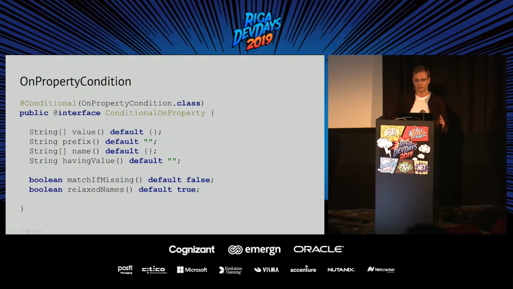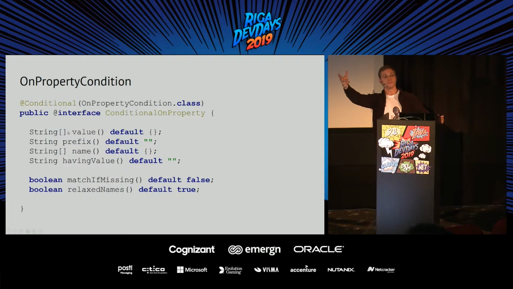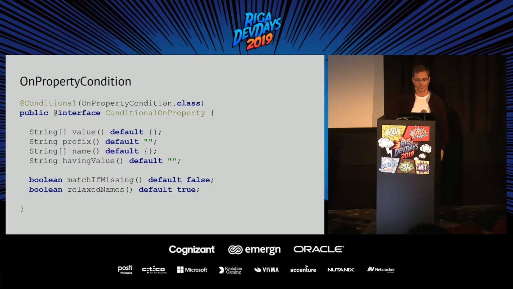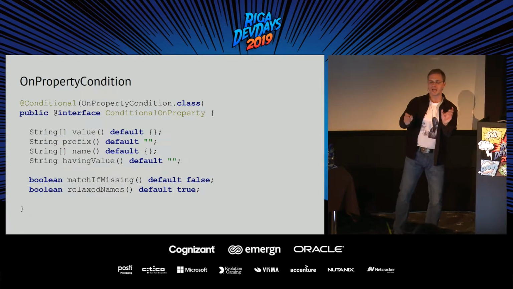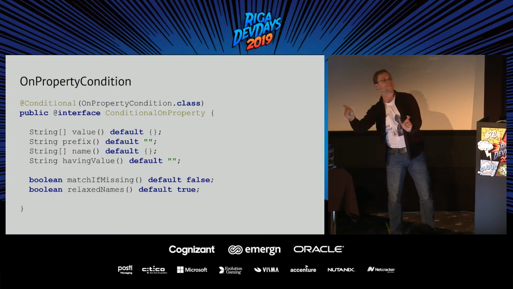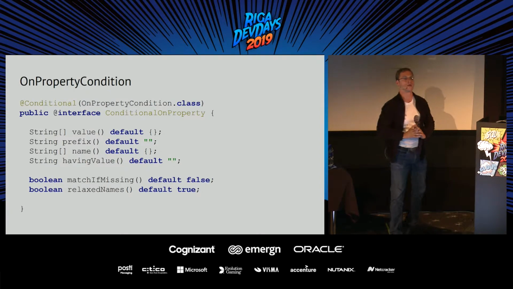Like you can see here, the conditional on property has several values. We have the value, which is an array, so it can be several values. I can provide several values because I may depend on several properties. We have the prefix, we have the name, and we have the having value. And the problem is that the having value is not an array. I cannot say that this property exists, and this property does not exist, and this property should have this specific value, and all this is my condition.